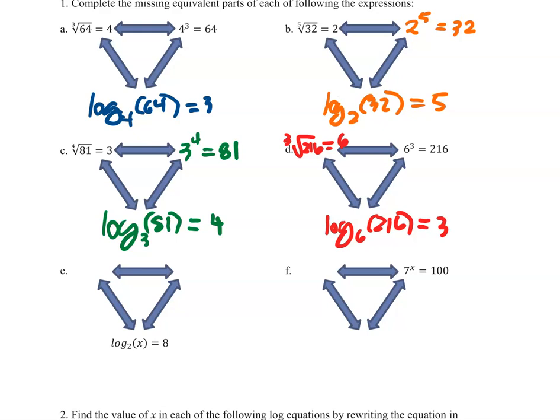You can rewrite this in exponential form as 2 to the power of 8 is equal to x. And now we can rewrite this as the eighth root of x is equal to 2.